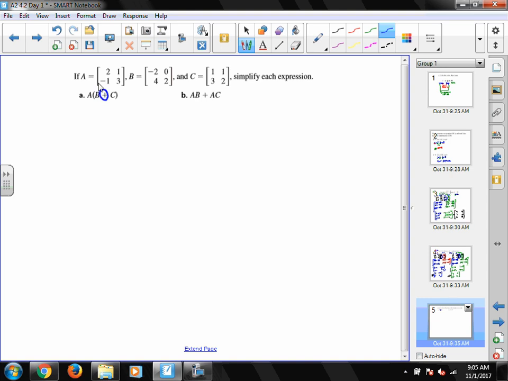I would add B plus C, so you're going to get 2, negative 1, 1, and 3 times B. Negative 2 plus 1 is going to give me negative 1. 4 and 3 are going to give me 7. 0 plus 1 is 1, and 2 plus 2 is going to give me 4. Multiply those out, see what I get.